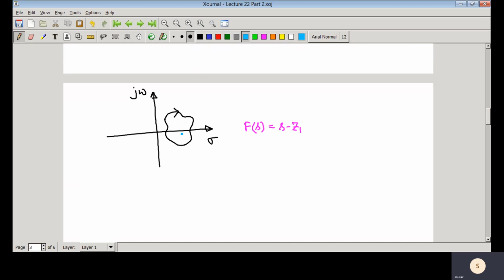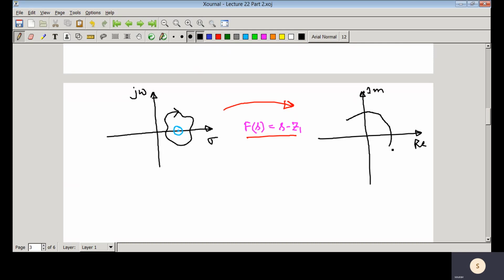Here you can see the difference: the contour encircles the zero. Now if we map via this particular function to the F(s) plane, what would the plot be? This is the real axis and this is the imaginary axis. Interestingly, we will see that here there will be one encirclement, and the direction remains the same, but it encircles the origin.